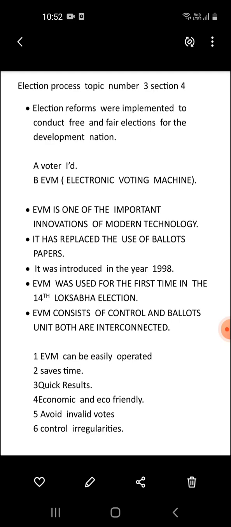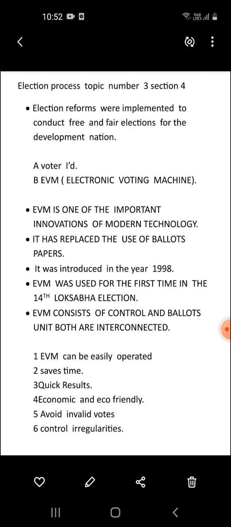After the voter proves his or her identity, by pressing the blue button against his or her favorite candidate's symbol, the voting process is completed with a beeping sound.